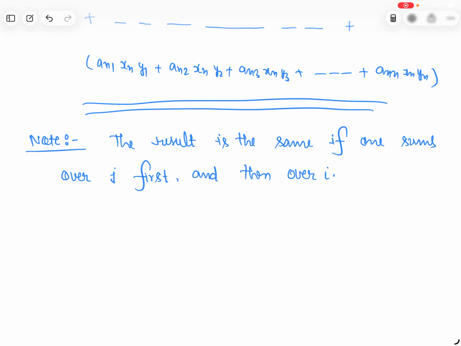I have told that we have to take summation over i first, but you can take summation over j first and then later on you can take summation over i. The answer will be the same, only the order of terms will differ, no problem.